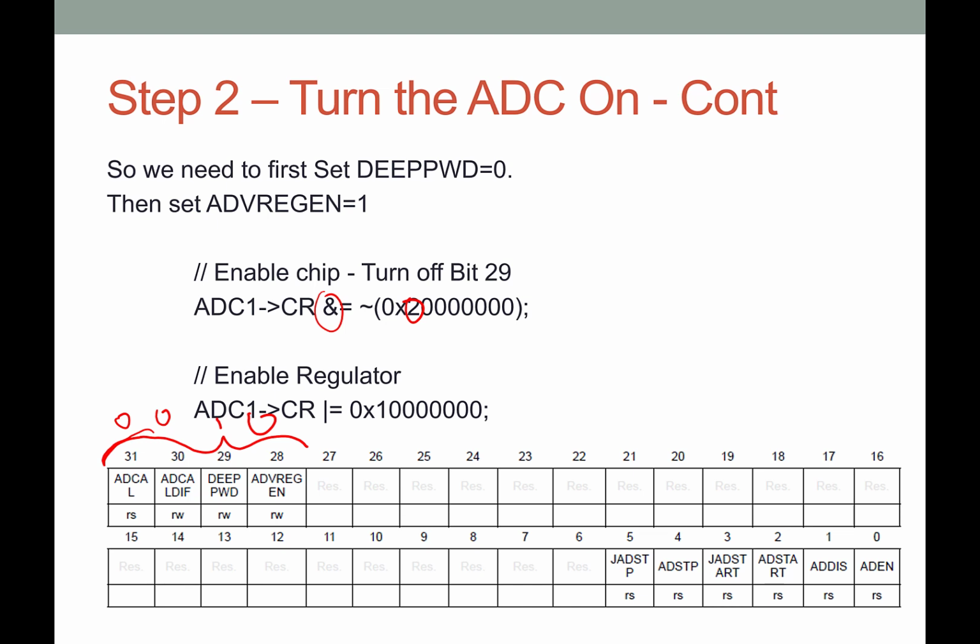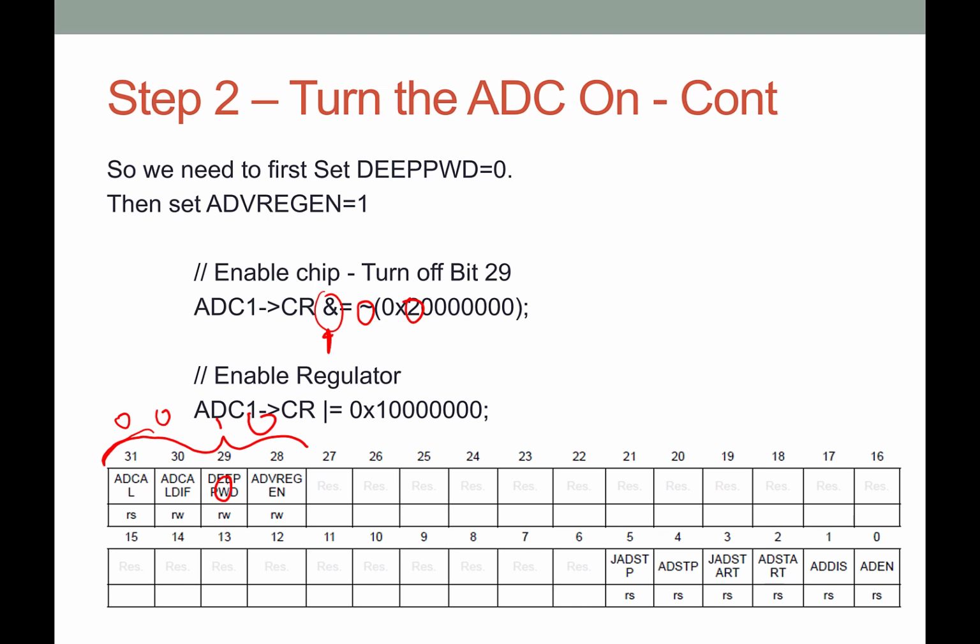So we've ANDed with the complement of that. That means everything was 1s and only bit 29 was a 0, because we did this complementation like we've been doing. So what did we do?